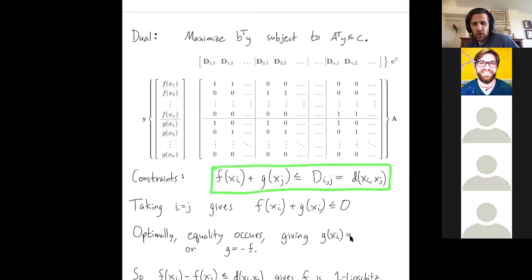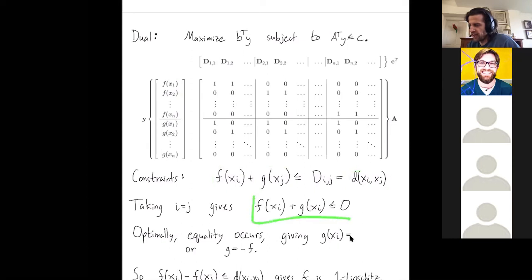Let's consider this when i equals j. When i equals j, the distance between xi and xj is 0. So I just get f of xi plus g of xi is at most 0. Optimally, once you optimize this dual problem, you achieve equality. So this inequality right here becomes an equality.